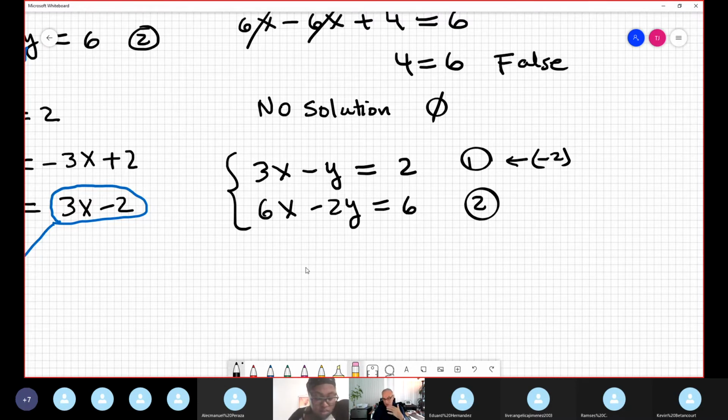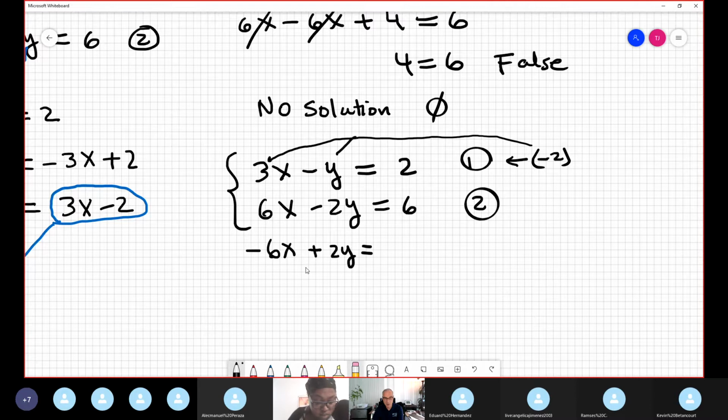It is perfectly equivalent. Negative 2 times 3 is negative 6x. Negative 2 times negative 1 is positive 2y.